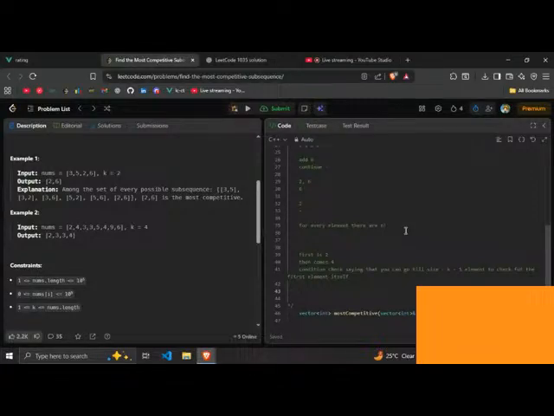So first I would add 2 to my array, then 4 comes. So first element is 2 itself because 4 is greater than 2, so it will not be the most competitive one to add to the array. But ideally it can be added as a second element, right?